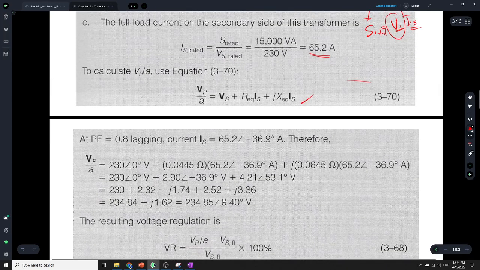So we have the components already. This is Vs, this is Is, this is Xeq, and this is R equivalent.